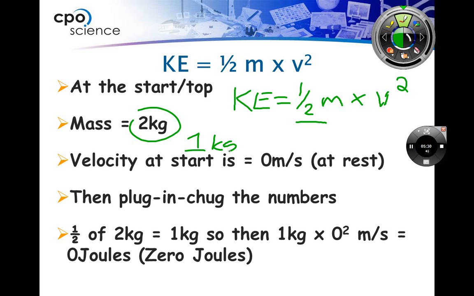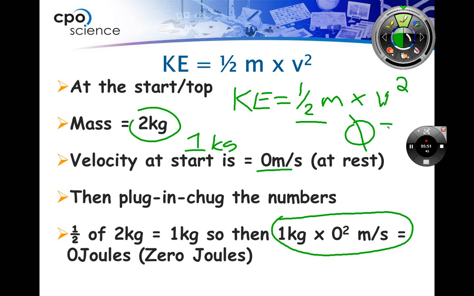The velocity at the start is 0 meters per second. So your particular answer should be 1 kilogram times 0 squared, which will give you 0 joules at the start.